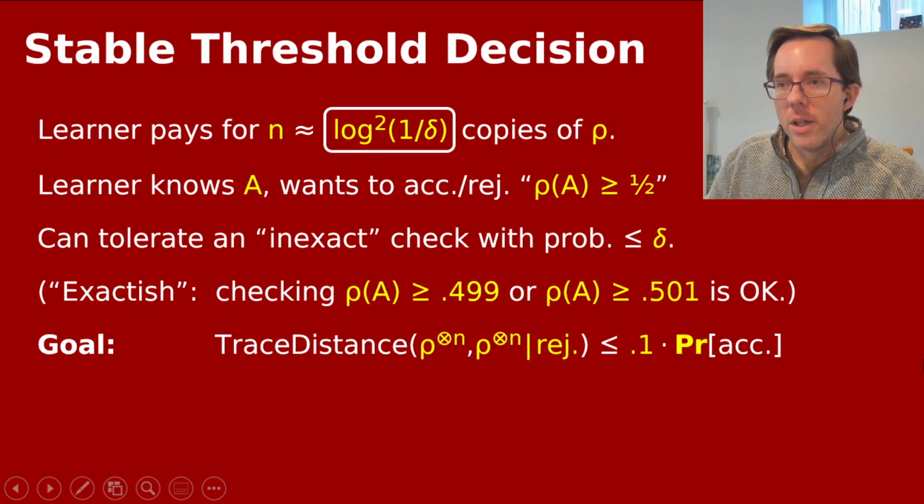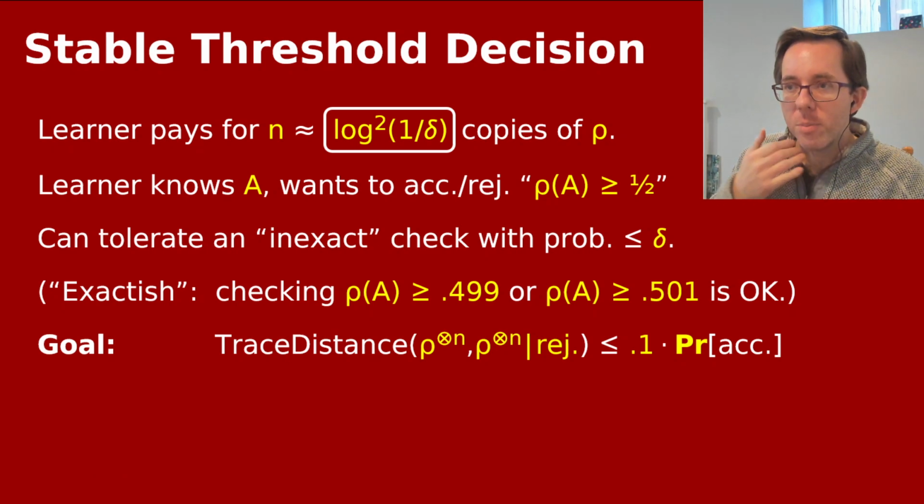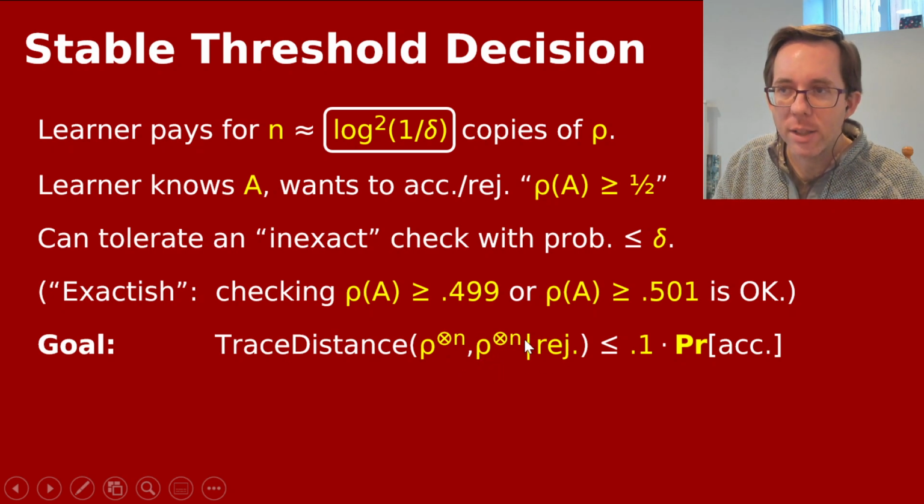Okay, so the goal in this stable threshold decision problem is, as we suggested before, we want to solve this problem, but we want it to be the case that the distance, or disturbance, between n independent copies of rho and these n independent copies of rho conditioned on accepting, or passing as we used to call it, is small even compared to the probability of accepting.